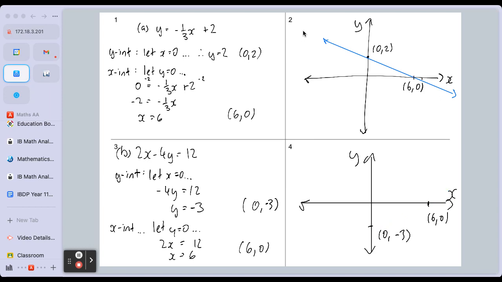Oops. Close enough for the video. And I'll put arrows on the end of it as well, just to finish it off.